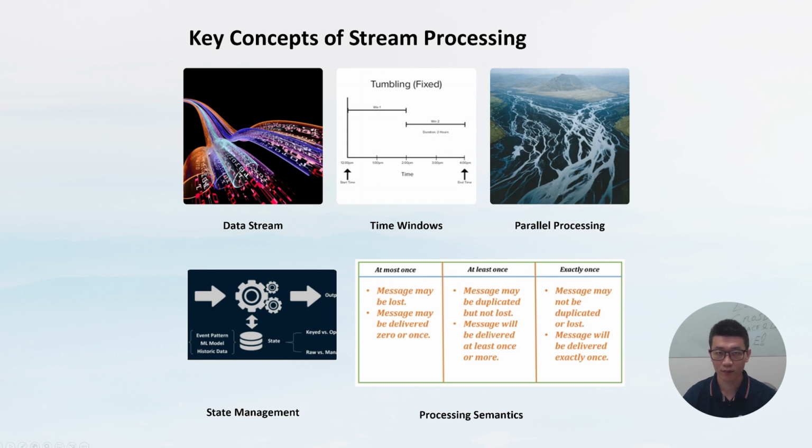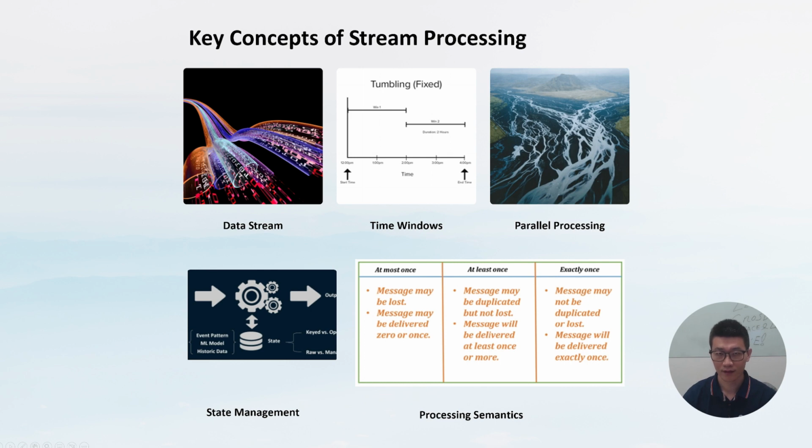Now, let's move on to parallel processing. Stream processing often deals with a significant amount of data because processing engines may need to handle data from numerous sources. For instance, in industrial settings, the number of sensors or equipment is substantial. Therefore, stream processing aims to maximize performance to meet the demand for real-time responses.